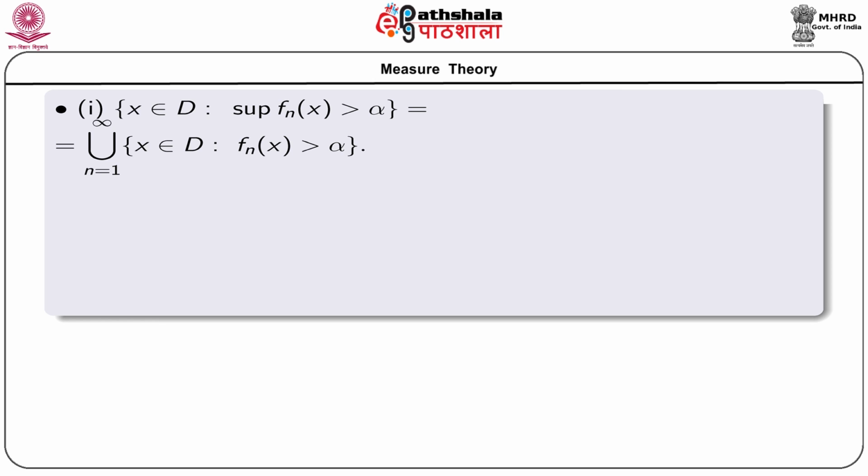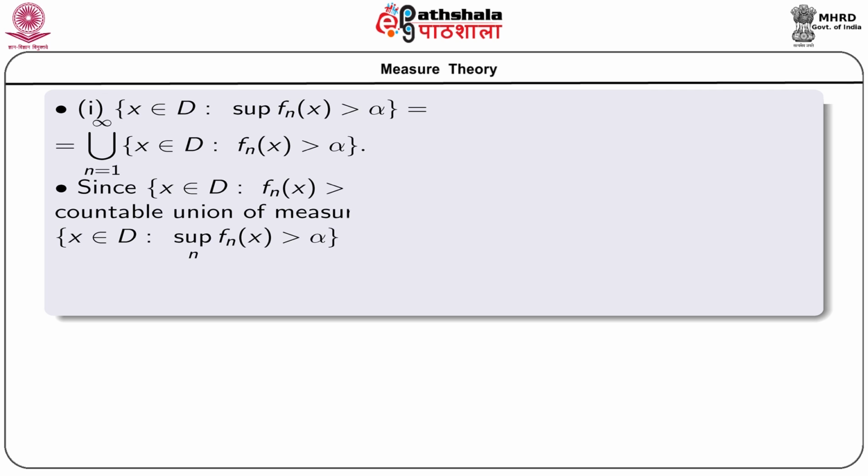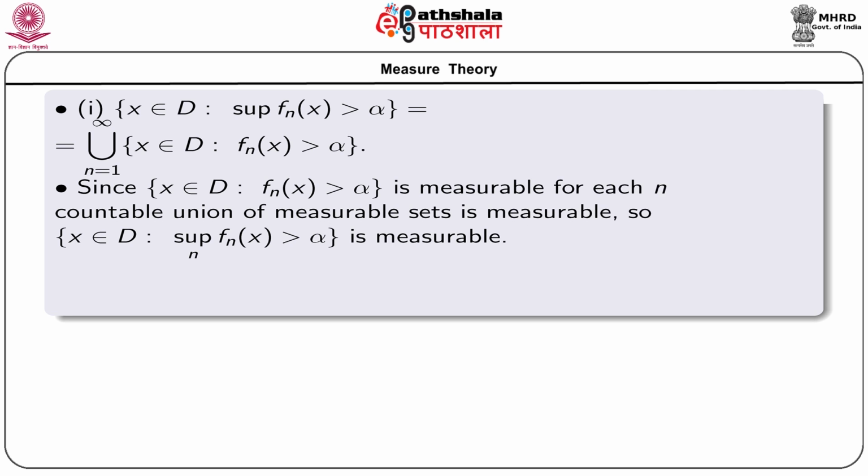Since each f n is assumed to be measurable, each set on the right hand side is measurable and their countable union is also measurable. So, this shows that the collection of all x belonging to D where supremum over n f n x is greater than alpha is measurable, which implies that the supremum function of f n is measurable.